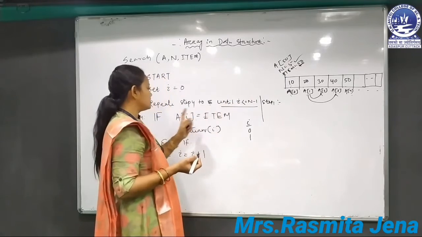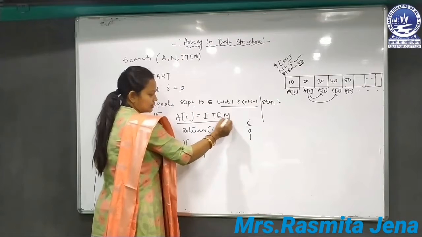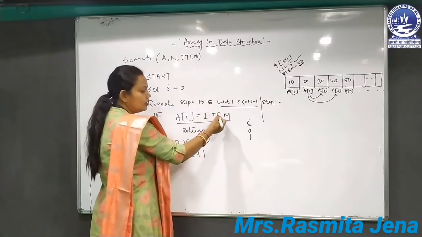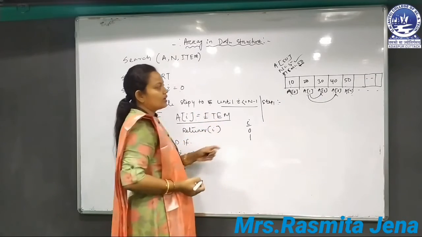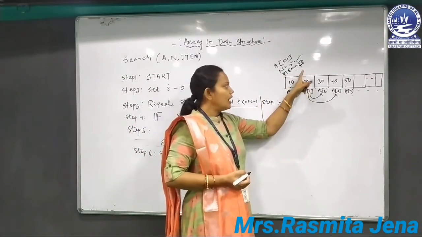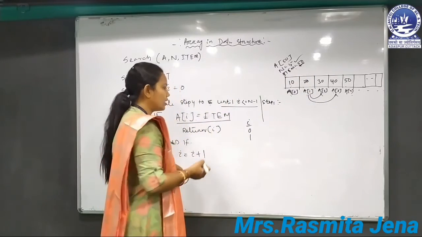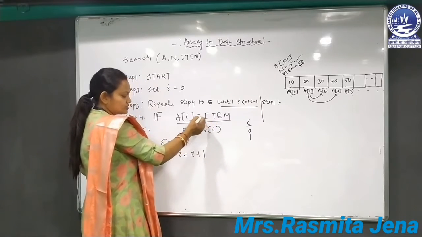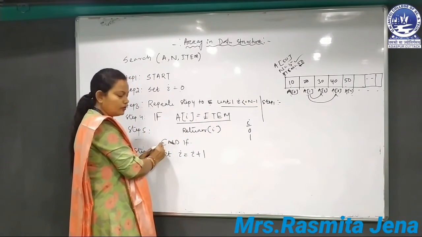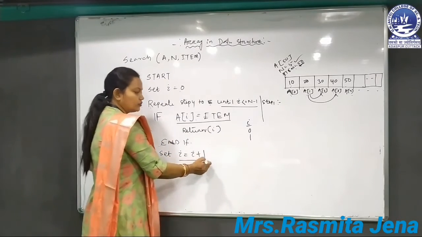As this condition is true, we go to step 4 and check A of I equals item, that is A of 1 equals item. A of 1 is 20 and item is 50, so this condition is again false, and we go from this location to end if.